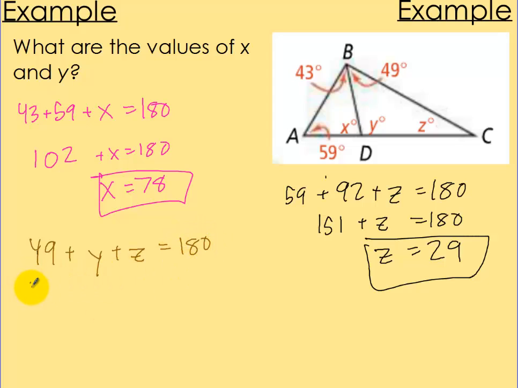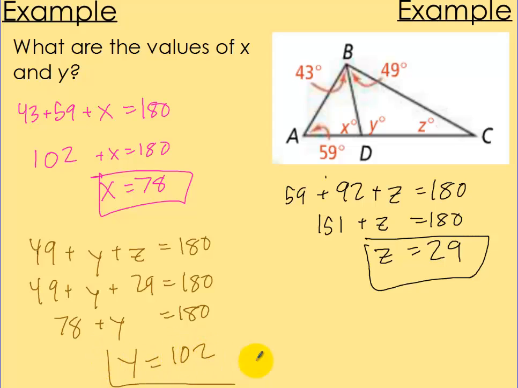And I know z equals 29, so it's going to be 49 plus y plus 29 equals 180. Combine like terms, that's going to combine to 78 plus y equals 180. Subtract 78 and y is going to equal 102. So my x is 78, y is 102.